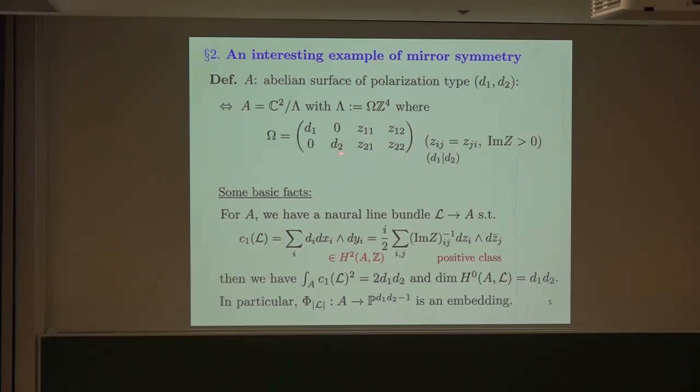We start from this definition of abelian surfaces. And then we just calculate the square of the first Chern class, which is 2 times D1 D2. This we can calculate easily. Then using the Riemann-Roch formula, and since this line bundle is ample, we can apply the vanishing theorem.